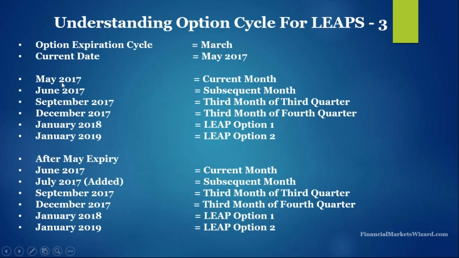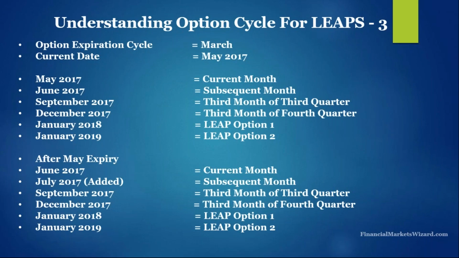So in the month of May, we will see May, June, September, and December listed in the option chain. And we will also see January of 2018 and January of 2019 as LEAP options. So there are 6 months of options listed.